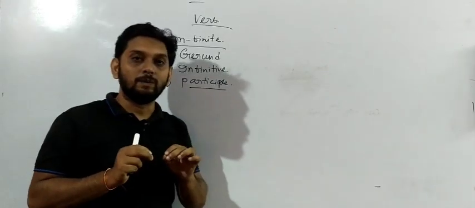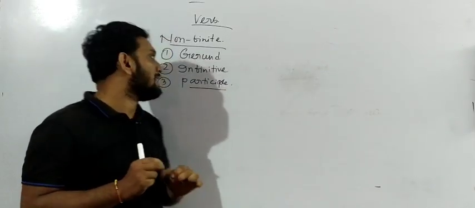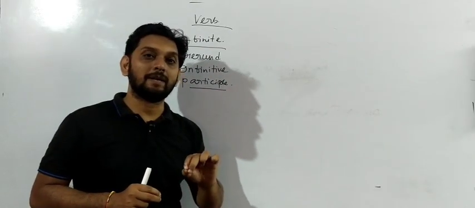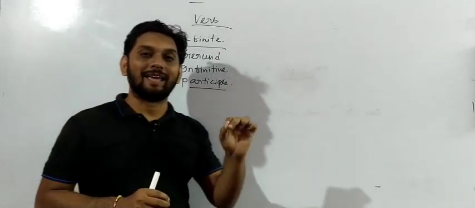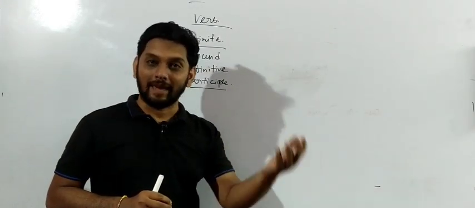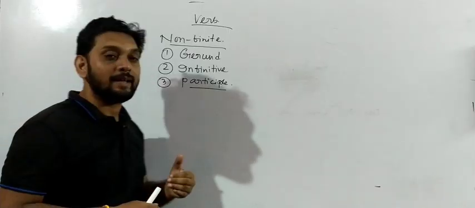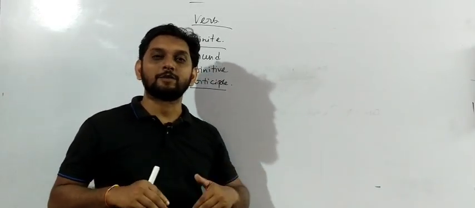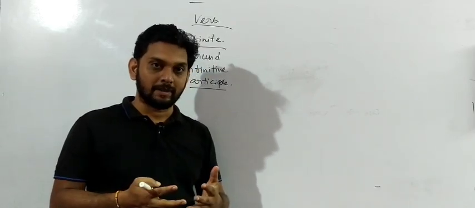Now let me tell you a very important concept: even though non-finite verb is a part of verb, it does not act like a verb. I repeat what I said. Non-finite verb is part of a verb, but it does not act like a verb.